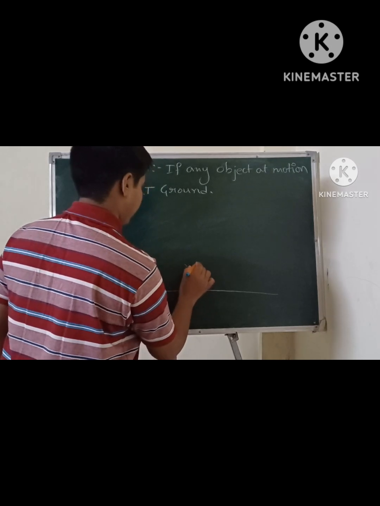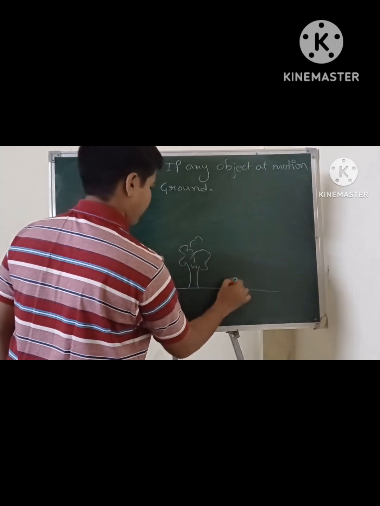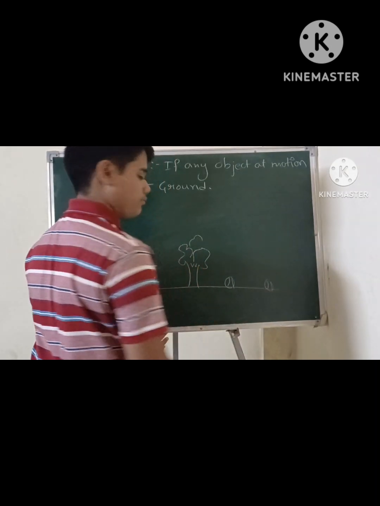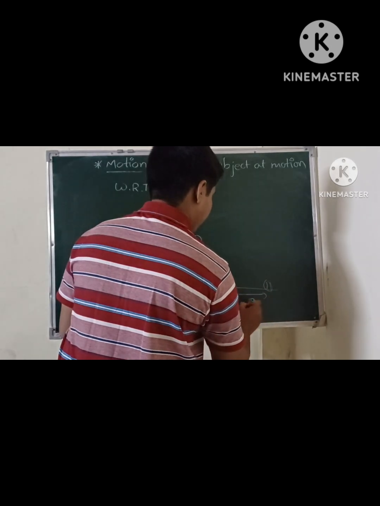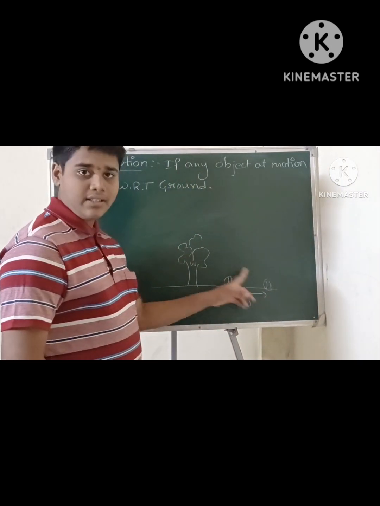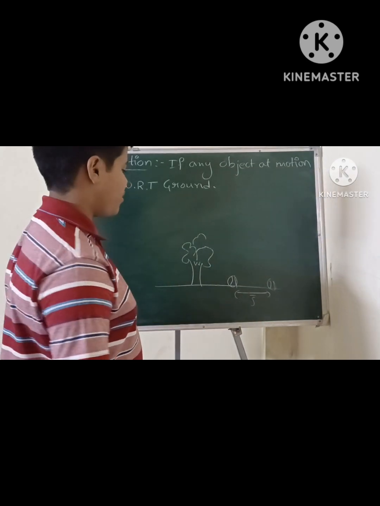See, here this is a tree, this is a ball. After some time the ball is here. Okay, this ball is displaced some distance, so we can say this ball is in motion. Okay, so this is motion.